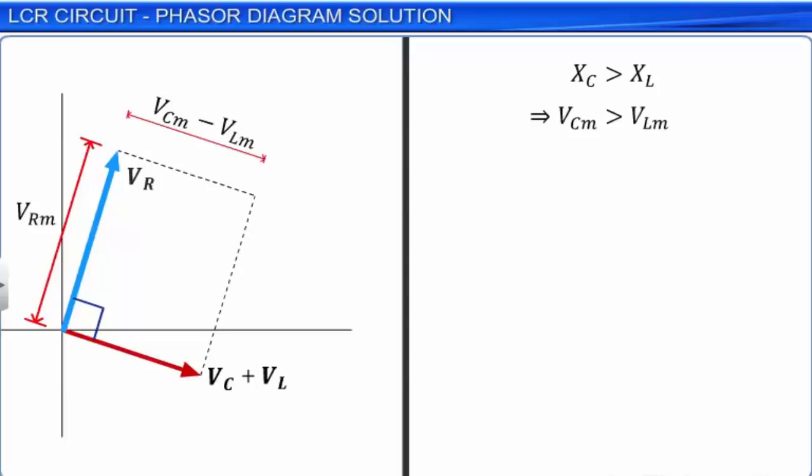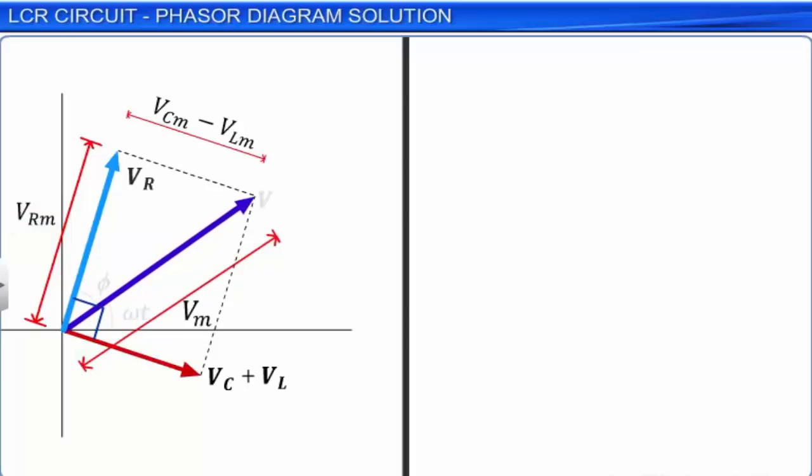The phasor with the magnitude VCM minus VLM is at right angles to the phasor with the magnitude VRM. The amplitude of applied AC voltage Vm can be calculated by using the Pythagorean theorem on the simplified phasor diagram.